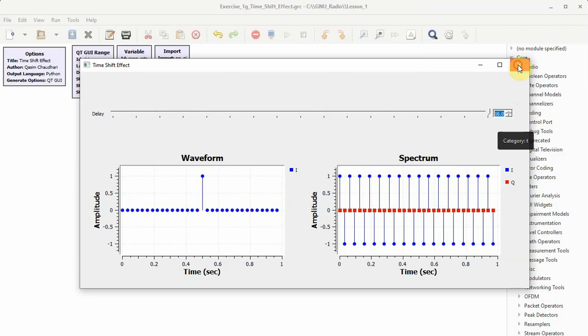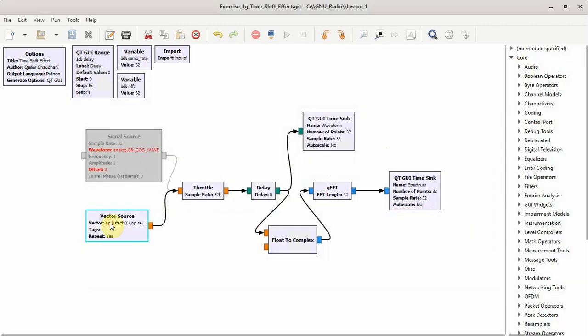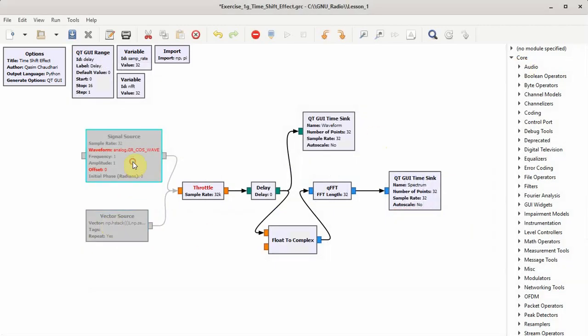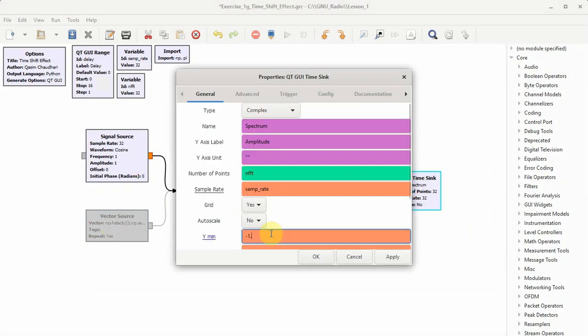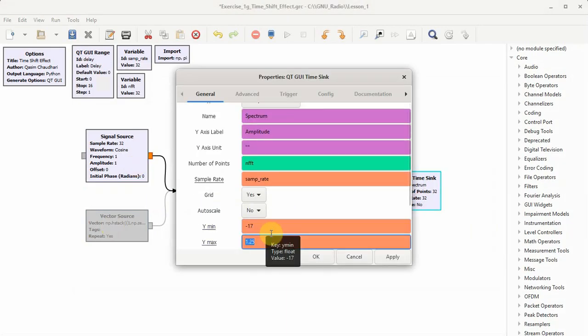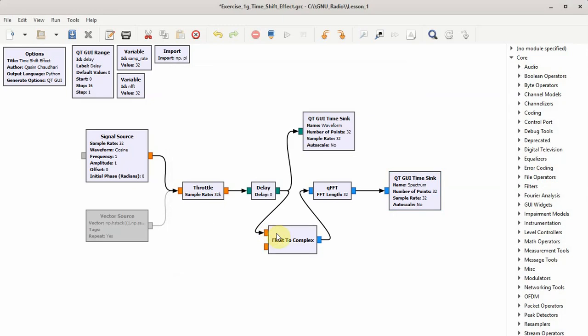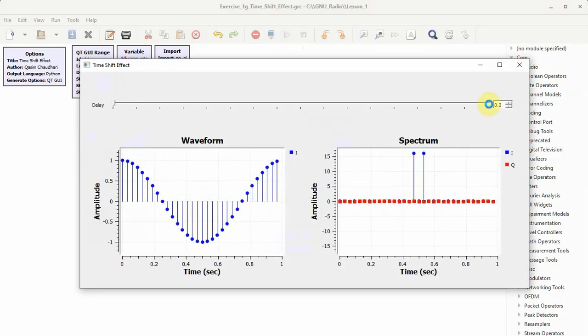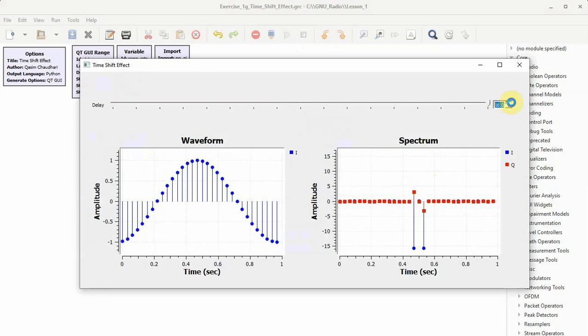Now let us go back to our signal source and see why we had two spectral impulses at frequency plus minus 1, but those impulses were all negative for a delay of 16. This is where we left.